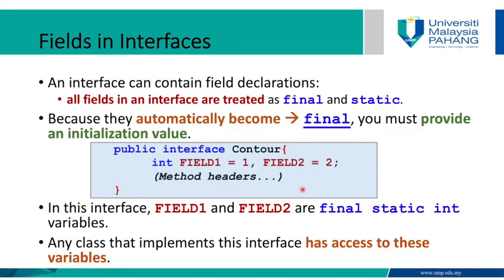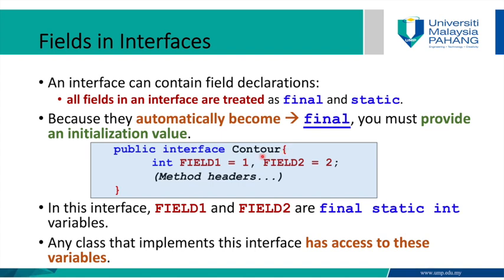So what are the fields you have to include in the interface? All fields in an interface are treated as final and static. Because they automatically become final, you must provide an initialization value. For example, here we have public interface Contour.